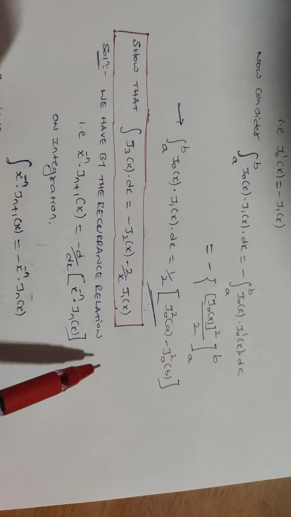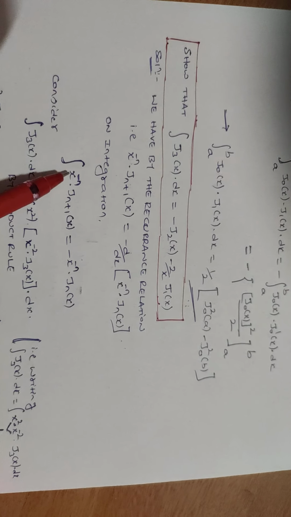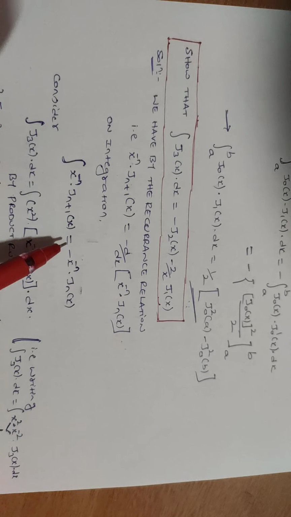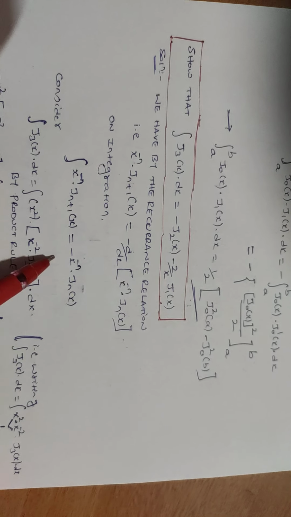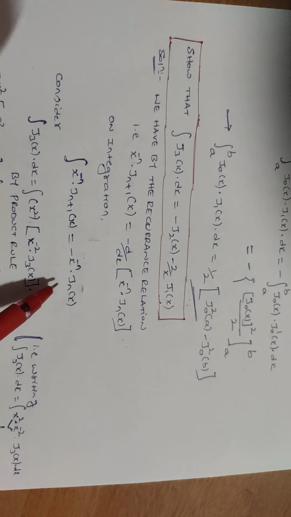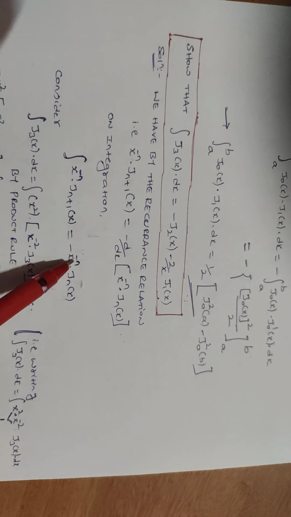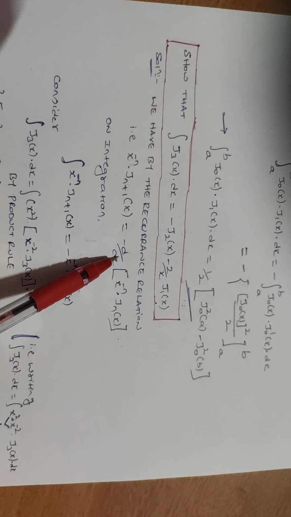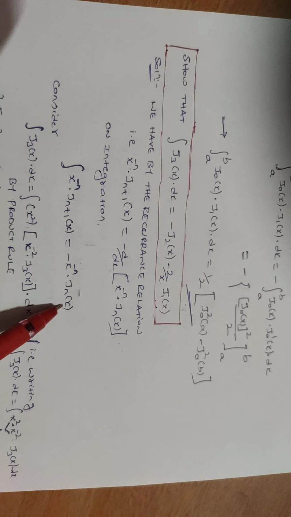On integration, we observe that integral of x to the power minus n into j n plus 1 of x equals minus x to the power minus n into jn of x, because derivative and integral cancel. So therefore we have minus x to the power minus n into jn of x.